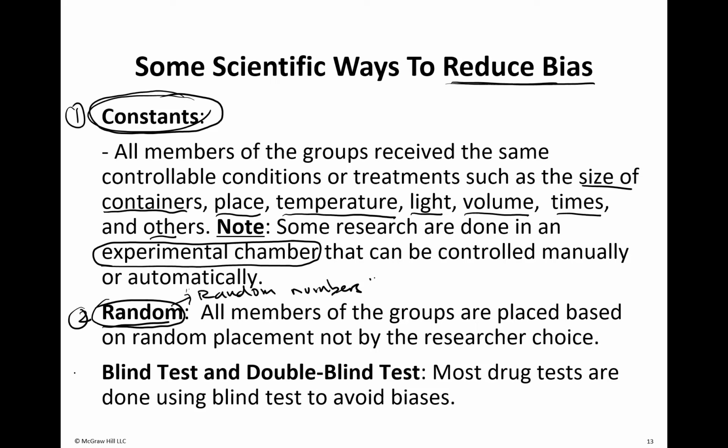And again, as we mentioned before, for drug tests, most of the time, they will also use the blind test and double blind test. This helps them get valid results, especially for drug tests.